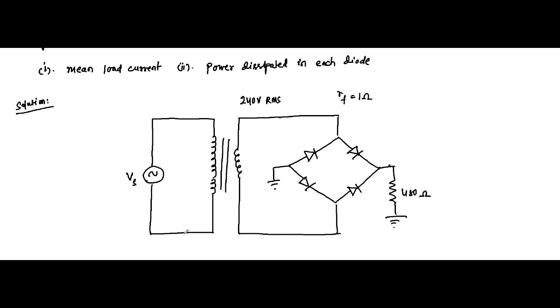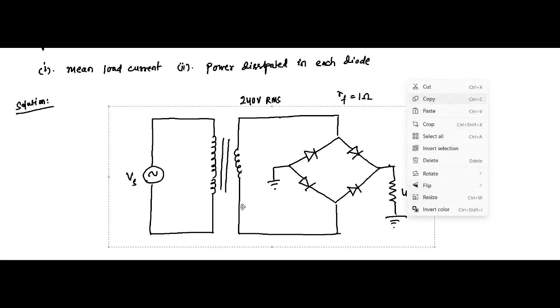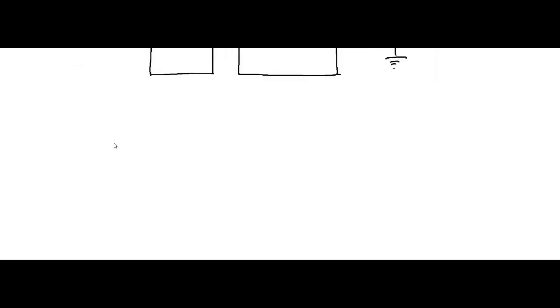For a bridge type rectifier circuit, you see that at any given instant only two diodes are conducting and two of them are open circuited or off.